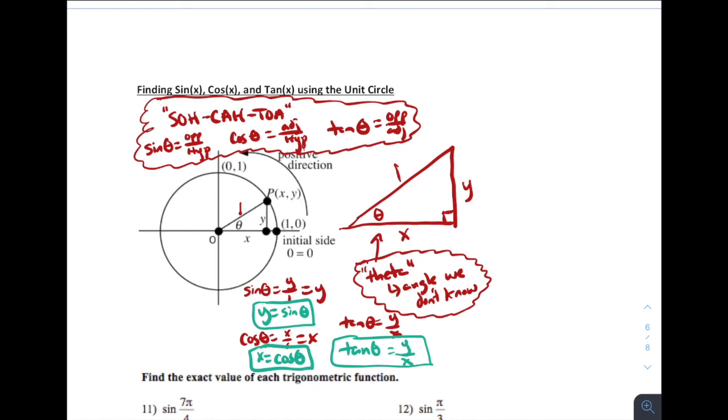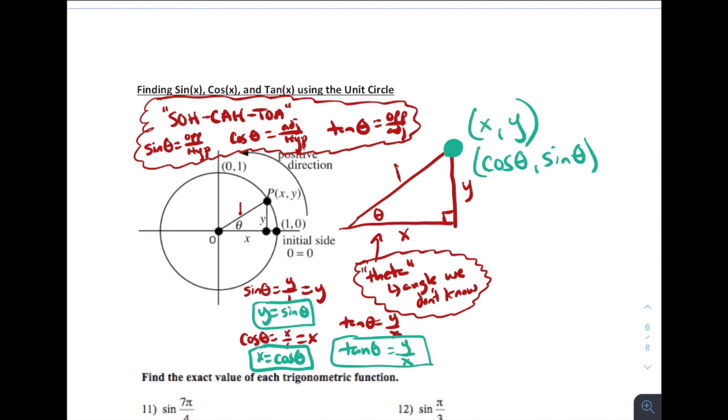And the y value is the sine. So that means that if you've got a point on the unit circle and you've got the coordinate x comma y, what that's telling you is the cosine of the angle comma the sine of the angle.